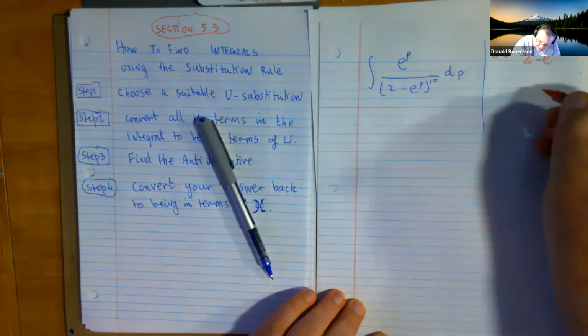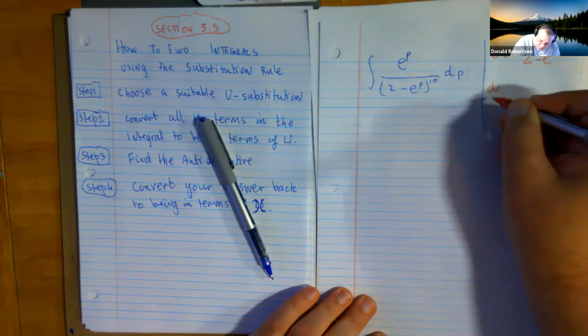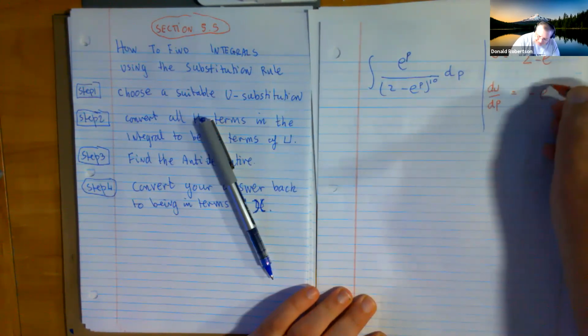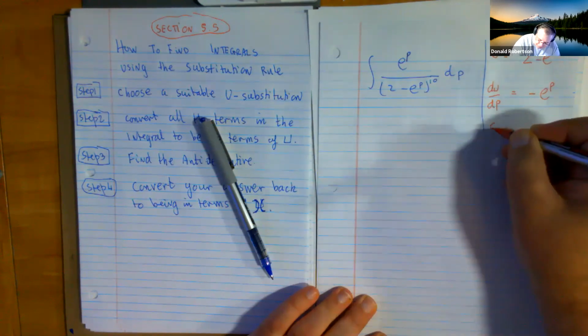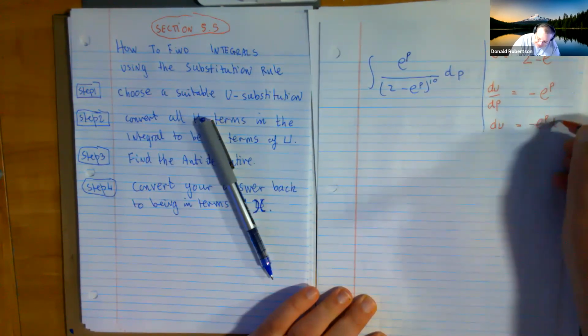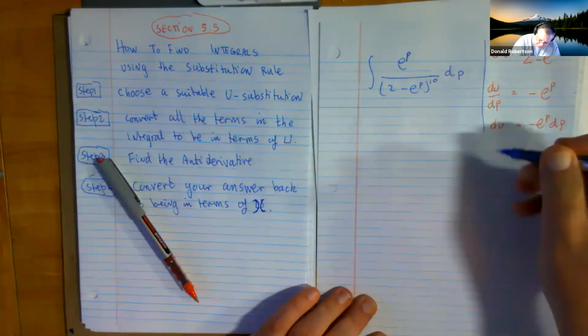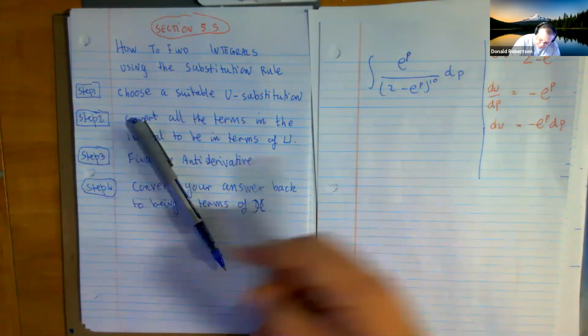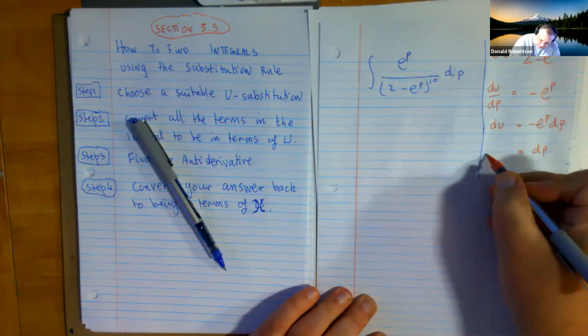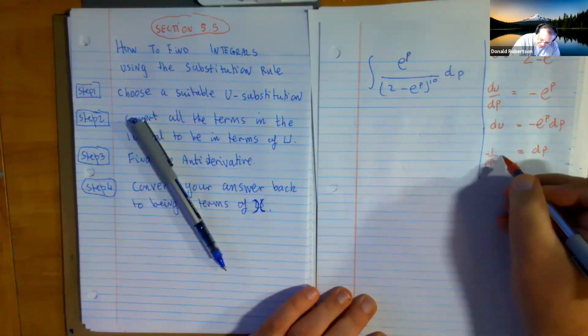Right, in this case then, if you differentiate with respect to p, you will get negative e to the p. And the crossover, you will get negative e to the p dp. And then when you isolate the dp, you get negative 1 over e to the p du.